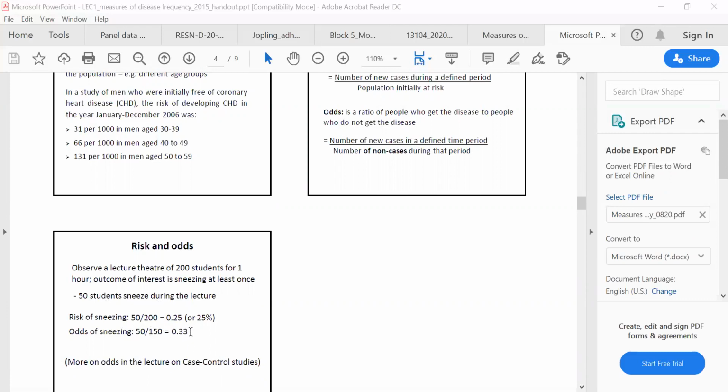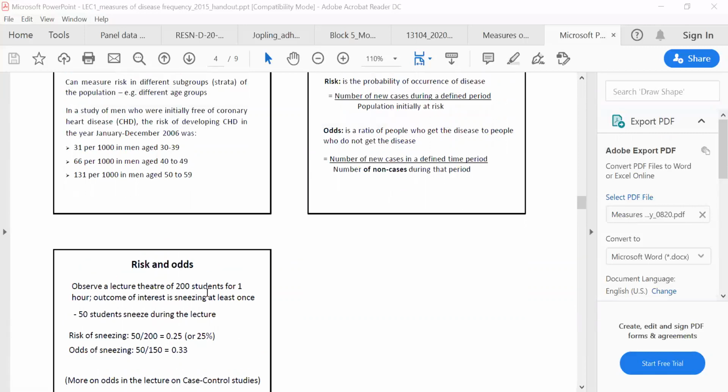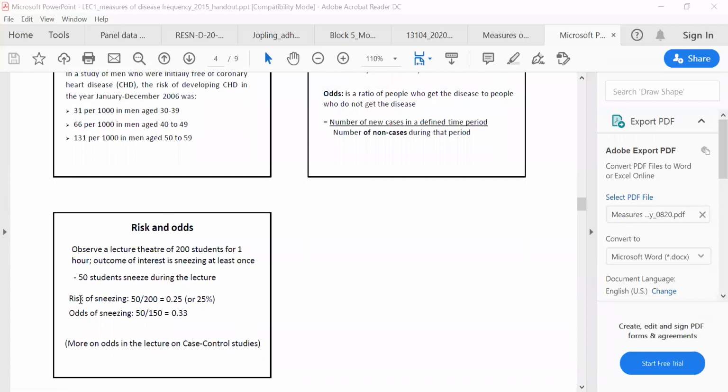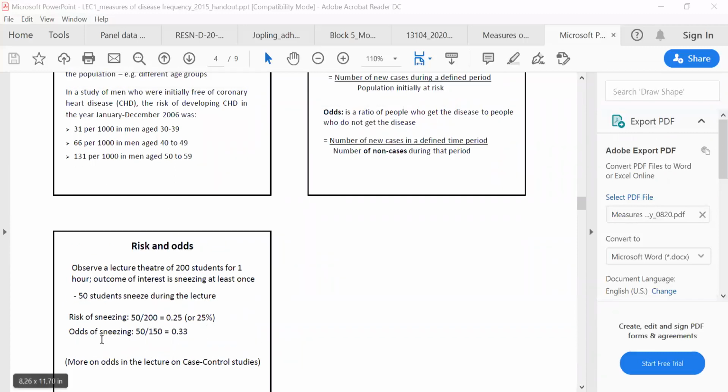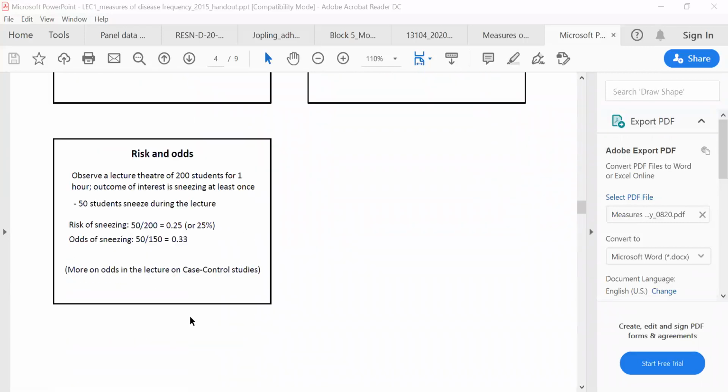The odds cannot be expressed as a percentage, and they're different. We are going to discuss more of the odds when we are discussing case control studies. But at the moment, just understand we have what we call odds and what we call risk. So the odds of sneezing is 0.33. The risk of sneezing is 0.25.